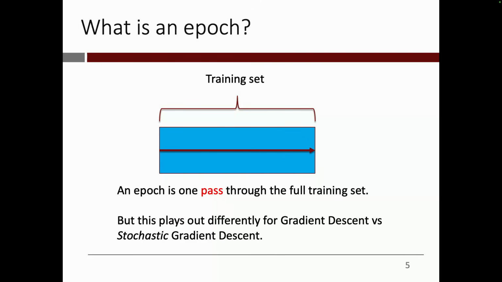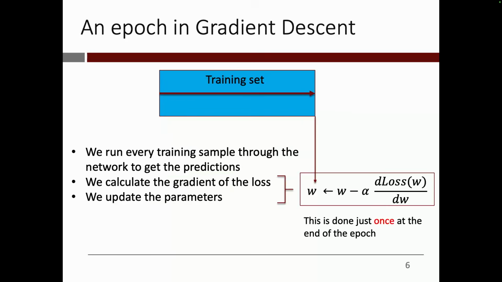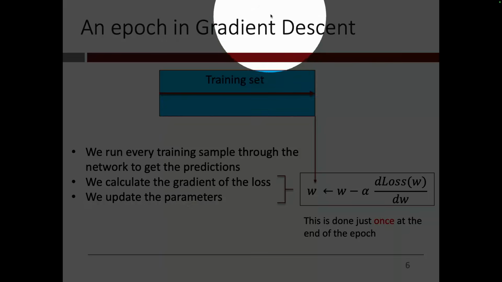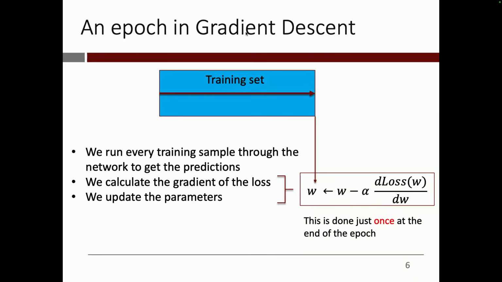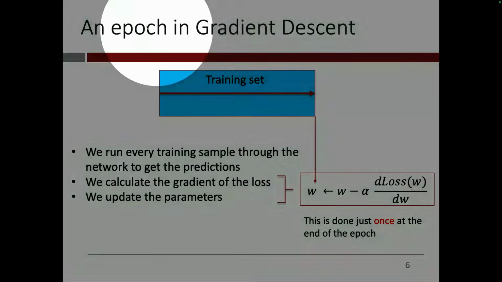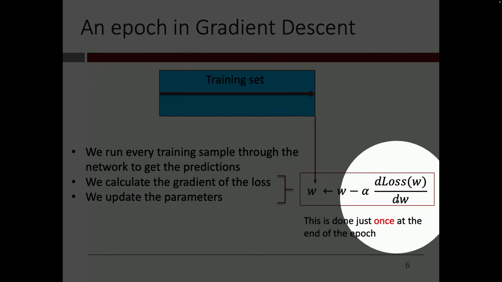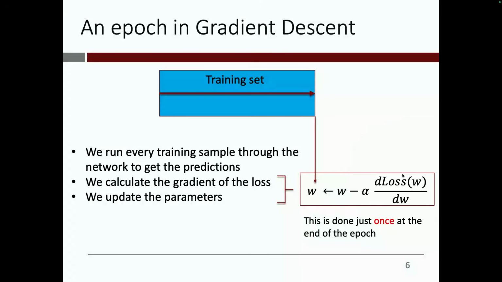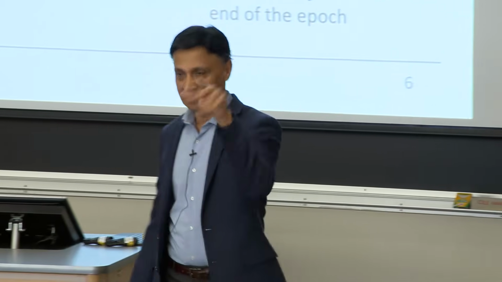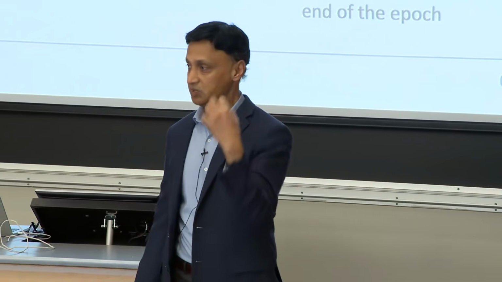And so what is one pass is that if you have something like gradient descent, one pass means every data point is sent through the network, we calculate its predictions, calculate the loss, calculate the gradient, right? We run every training sample through it, we calculate the gradient, which is just this thing here, right? I mean, I will sometimes say d of loss times dw, derivative of loss with respect to w.